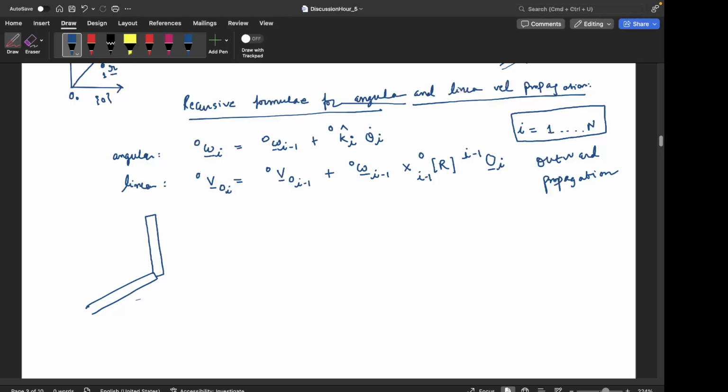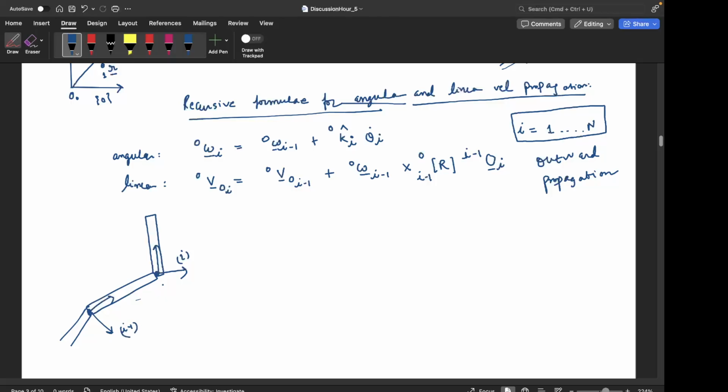And this is here, right? So let's say this is the frame here, this is the ith frame, right? And then we have here the I minus 1th frame, right?